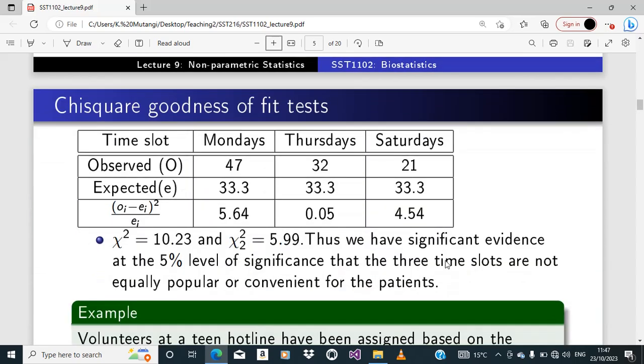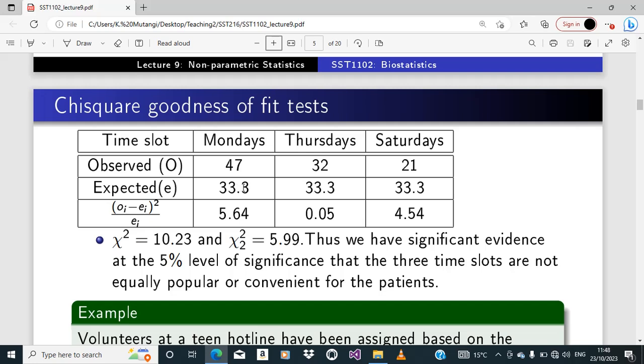We now have the revised table there with the quantities. The expected value of 33.3 there, given in the first class for Mondays, is found by multiplying 100 by 1/3, because the proportion for those coming on Mondays is 1/3, which is the same as those coming on Thursdays as well as those coming on Saturdays.